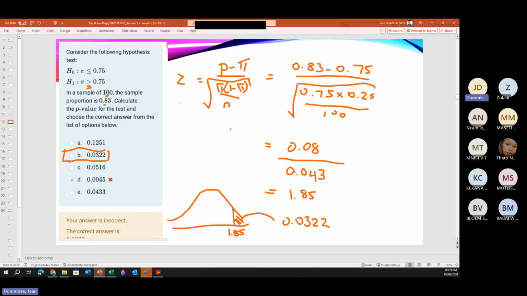If it was both sides, it would have been 0.0644, which is luckily not there. Okay, so that is your answer, 0.0322.